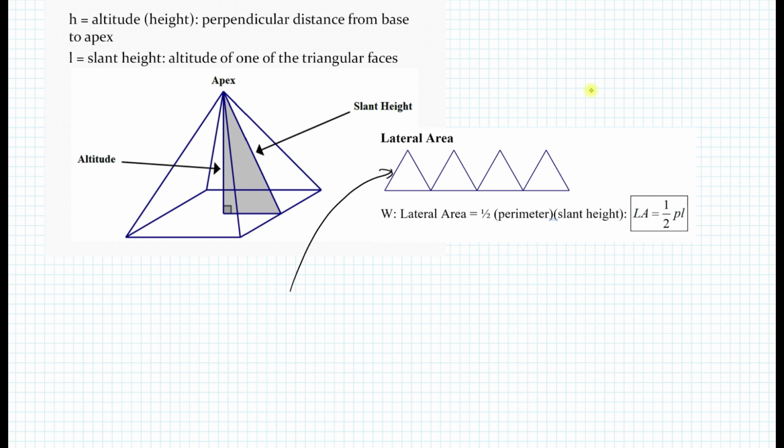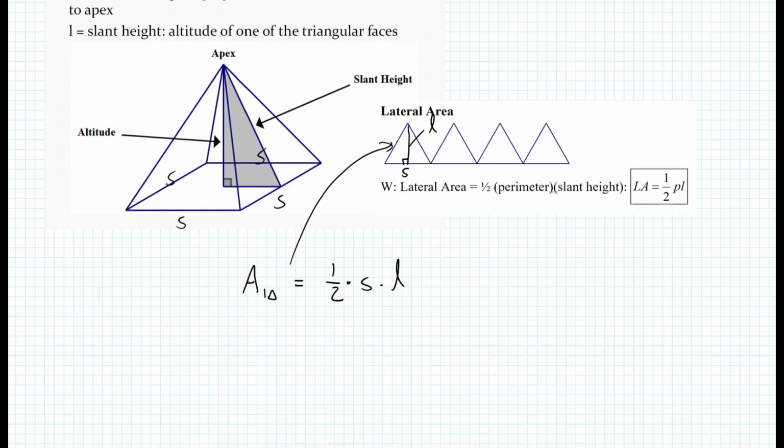We can call the sides here S. So in the triangle, this is S, and the height of this particular triangle is the slant height L. So the area of one triangle is equal to 1/2 times the base, in this case S, times the height, which is L, the slant height.